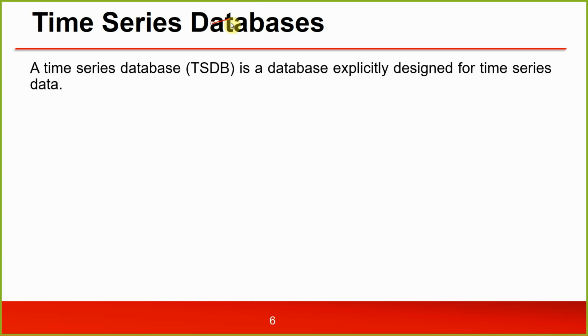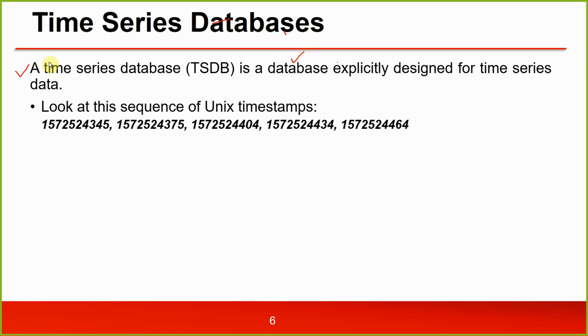A time series database is a database that is explicitly designed for time series data. What is so special? Look at this example. This is a sequence of Unix timestamps, 1572524345.